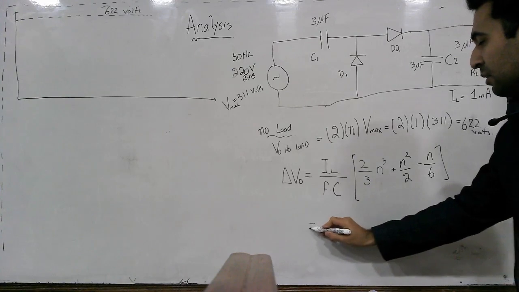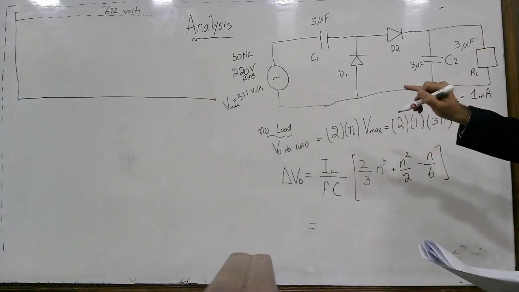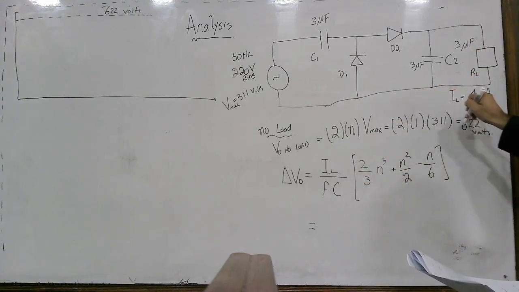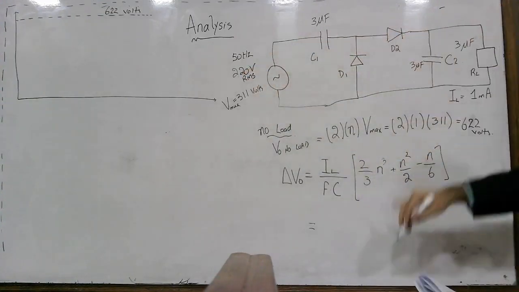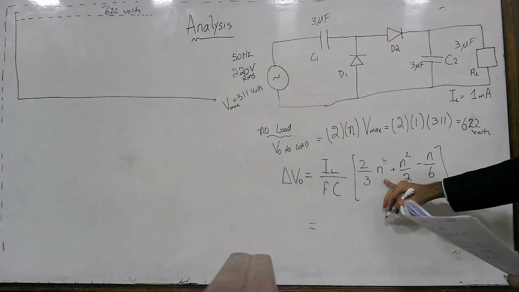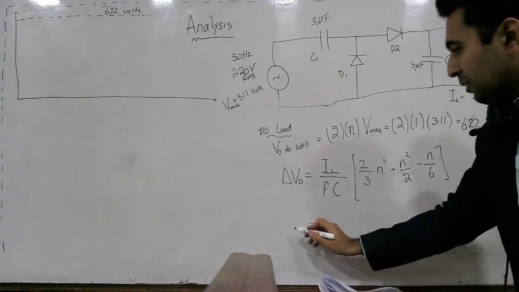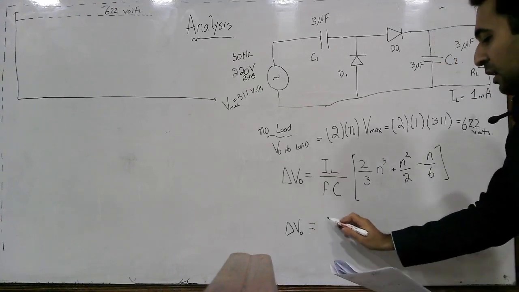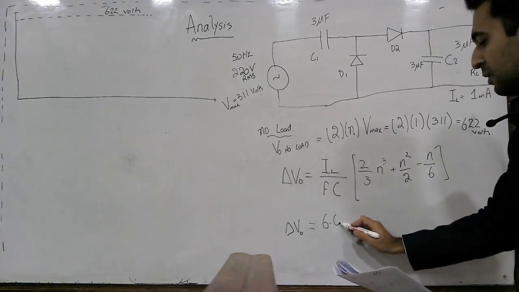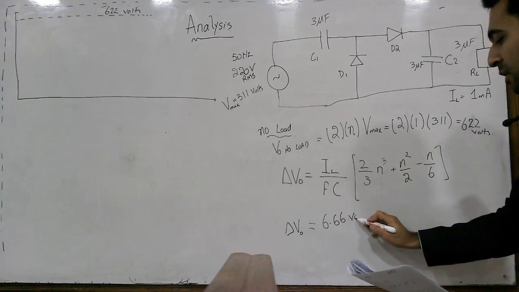You know the load current, which is 1 milliampere, the frequency is 50 hertz, the capacitors are 3 microfarad, and n is just 1. So the voltage drop comes out to be 6.66 volts.